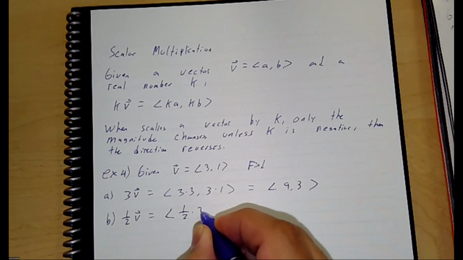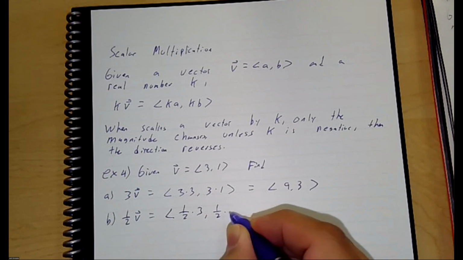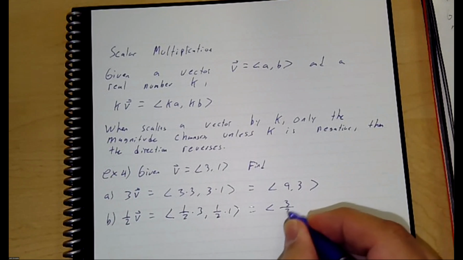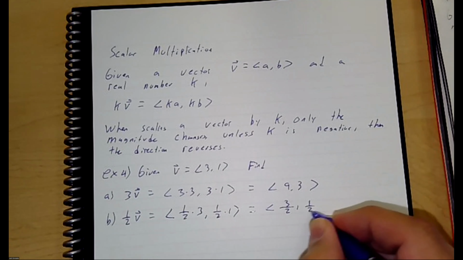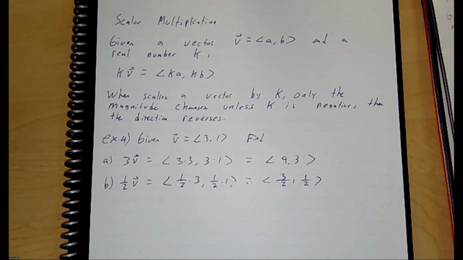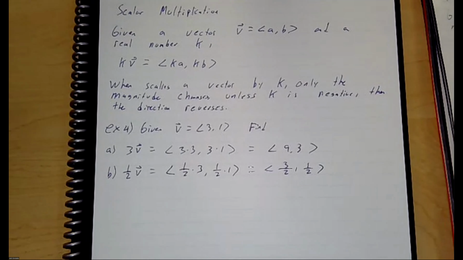So 1/2 times 3, 1/2 times 1. The scalar makes sense. There's not much else to say. Is that okay? You just scale it.